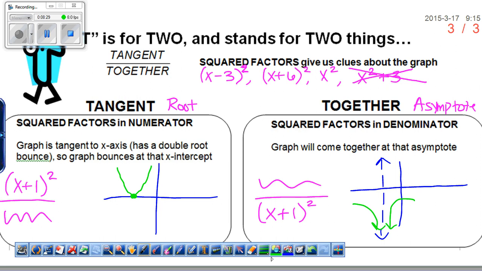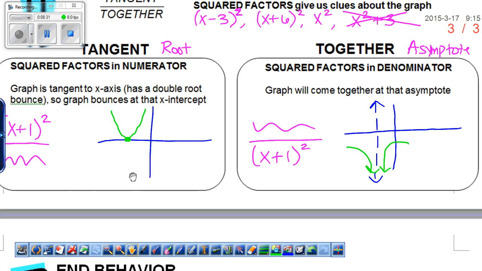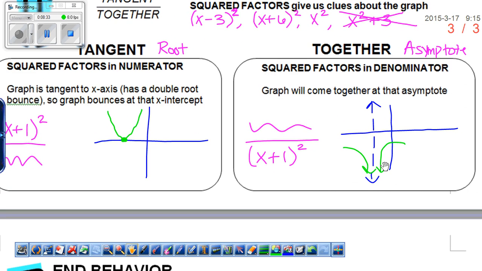And that's what we mean by coming together at the asymptote. All other asymptotes are going to split. One side's going to be down and one side's going to be up. The way we figure out which side's up, which side's down is all going to depend on our other things, the roots and the y-intercepts. Okay? All right, let's go to the back.